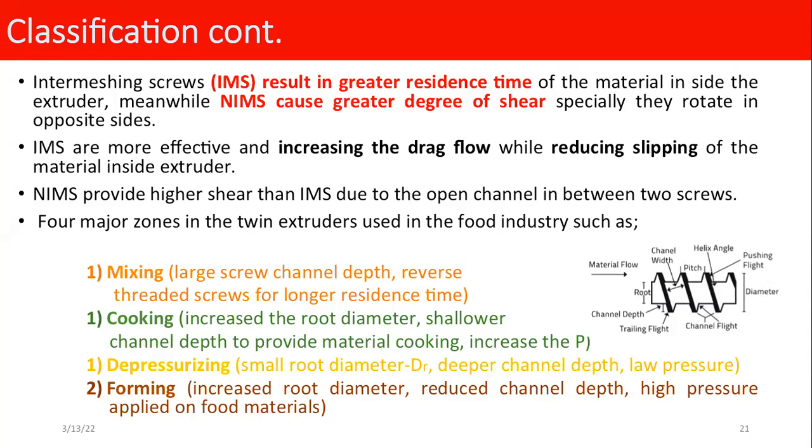How do we change the pressure, temperature and retention time inside the same extruder? When we feed raw food from the left side, from the right side you can collect the food output. So we have to adjust the time and the pressure. All these factors we have to adjust.